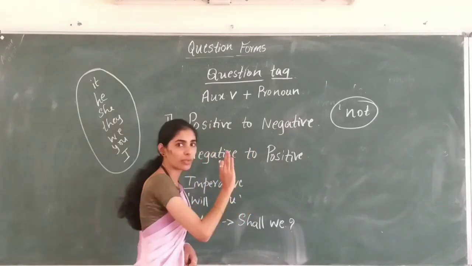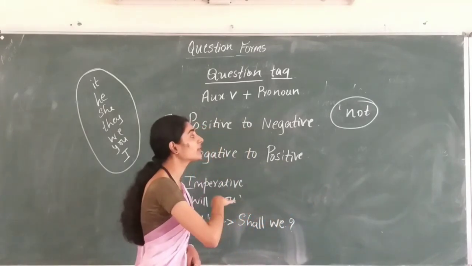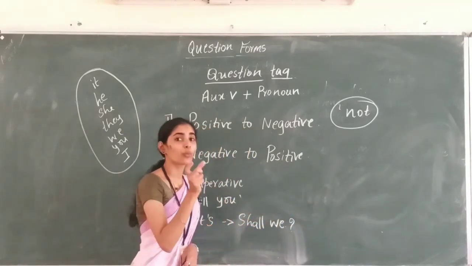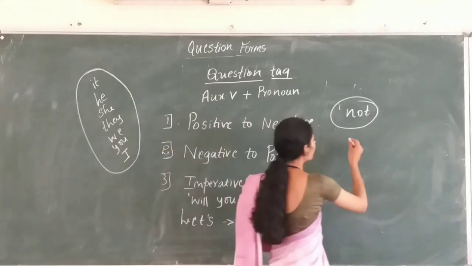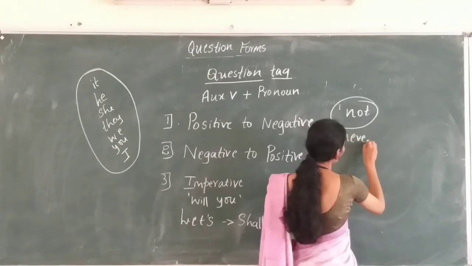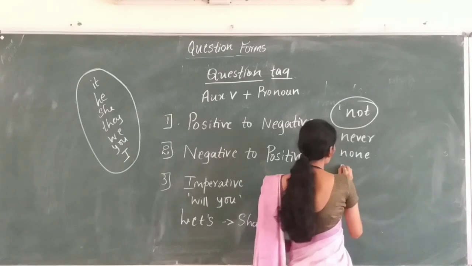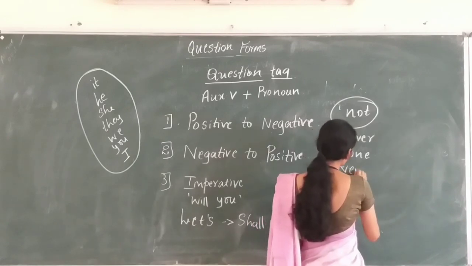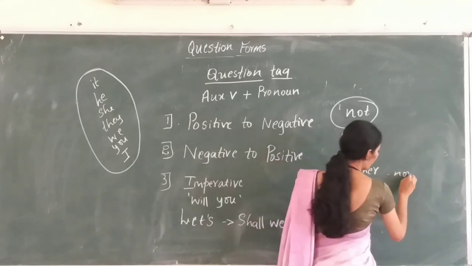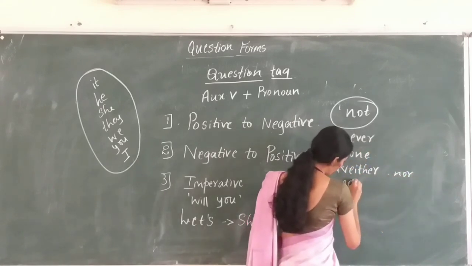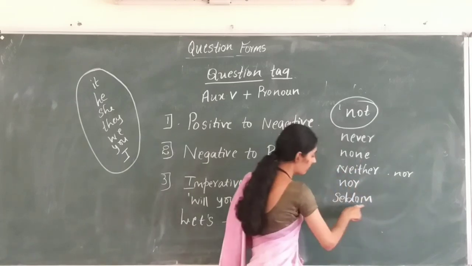You should also remember that not only the word not makes the sentence negative, but there are also other negative words which make the sentence negative. So, let's look at that. Not, never, none, neither, nor, seldom.